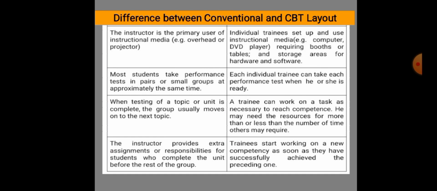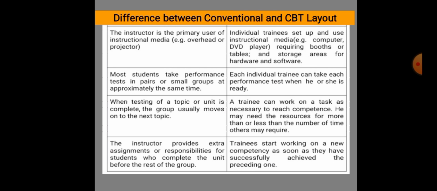Okay, lastly, for the conventional, the instructor provides extra assignments or responsibilities for students who complete the unit before the rest of the group. For the CBT, trainees start working on a new competency as soon as they have successfully achieved the preceding one. So as you can see in the table, you can easily differentiate the conventional from the CBT layout.